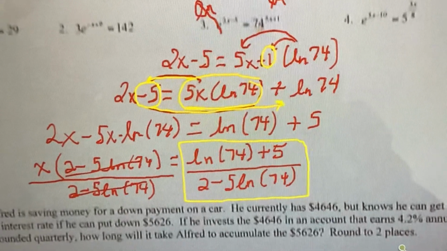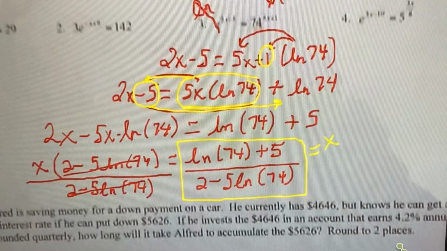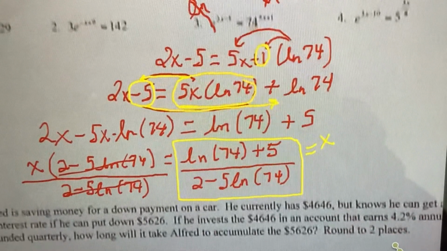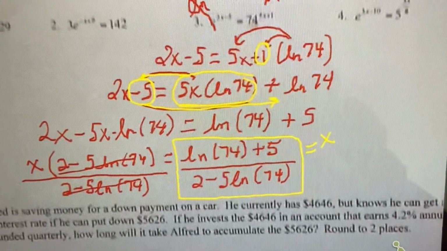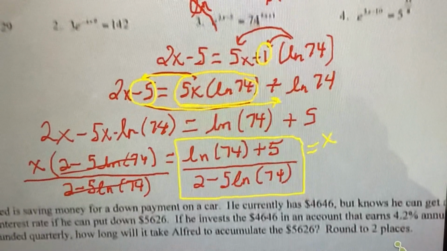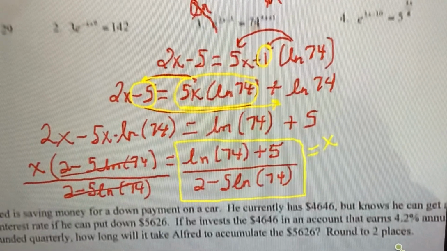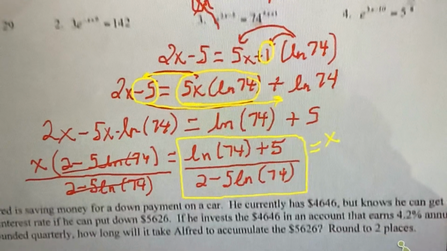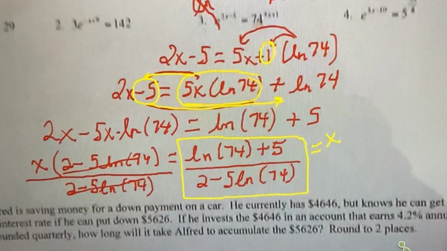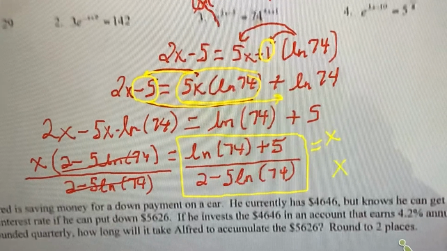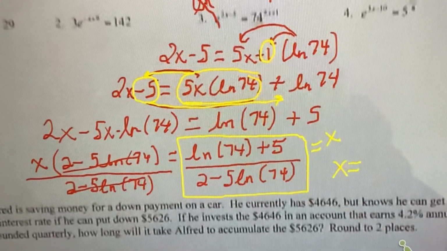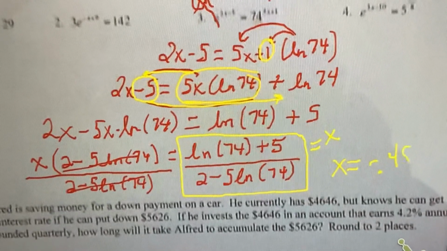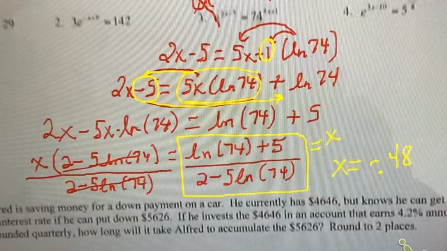So that's what's equal to x. So that will be your first box for the exact expression. And then you're going to type in exactly the way you see this exact expression into your calculator, and you're going to get a decimal rounded to 2 places. So I got negative 0.48 as your decimal.